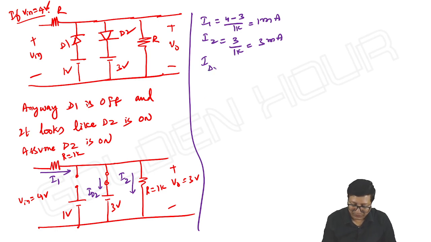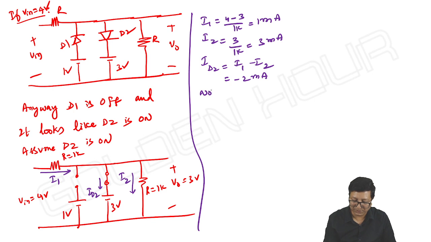No. So if I take ID2, it is I1 minus I2, which is found to be minus 2 milliampere.